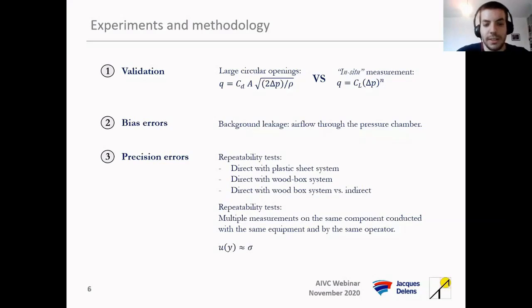This assumption, as any assumption, goes along with an uncertainty, and so an error, and this error is given by this formula where n is the number of tests conducted. So if I increase my number of tests in my repeatability study, I will have a lower uncertainty in the assumption that the standard deviation can be taken as the uncertainty of the method.